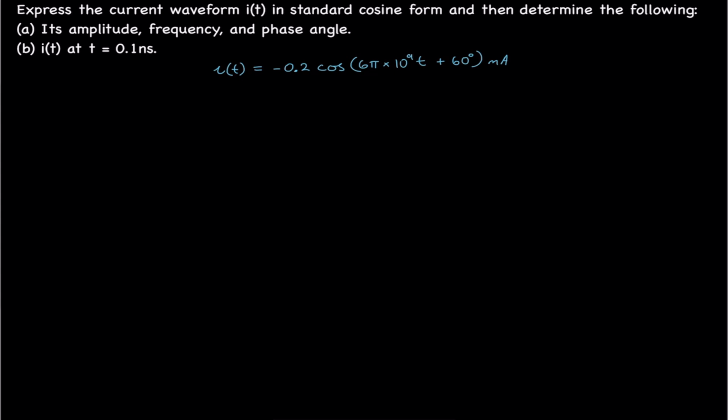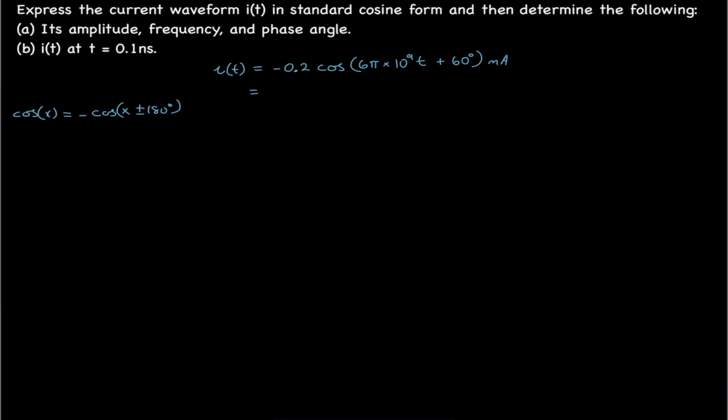Standard cosine is positive cosine, so we express our waveforms in positive cosine in AC analysis. Thus, we can use a useful trigonometric identity to get a positive cosine: negative cosine x is equal to cosine of x plus or minus 180 degrees. In our case, the phase angle is 60, a positive 60, so we're going to subtract 180.